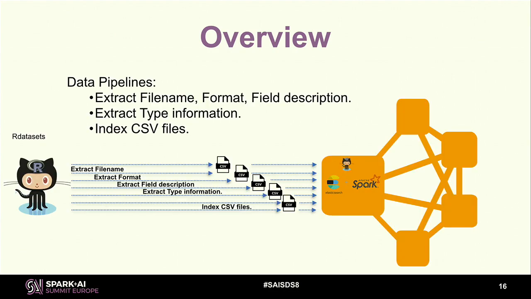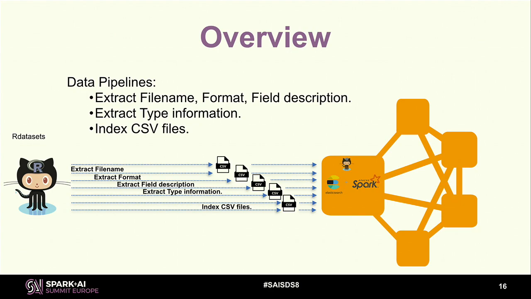More specifically, the indexing consisted of extracting different metadata, like the file name, the format, field descriptions, type information as well. In this case, it was all CSV files that together represent the R datasets collection.